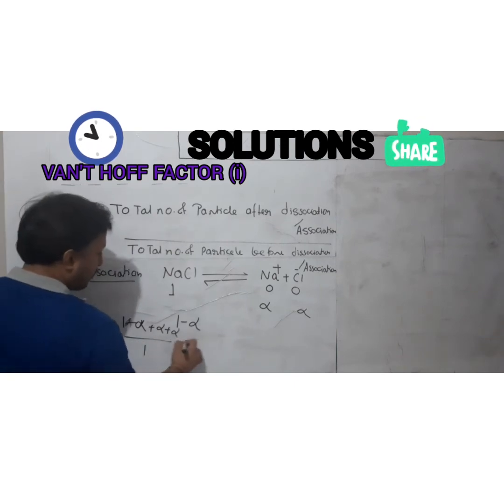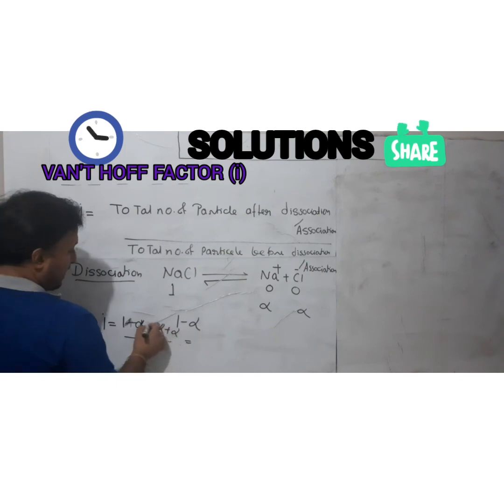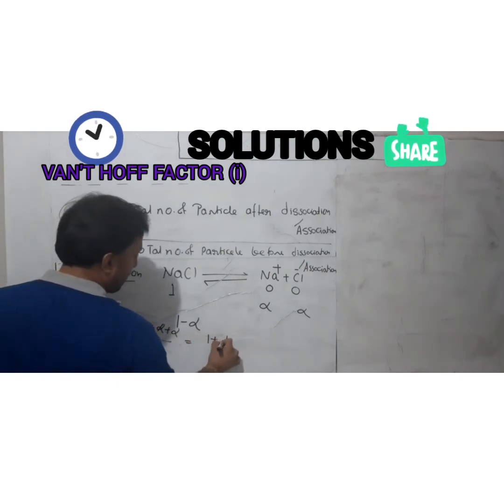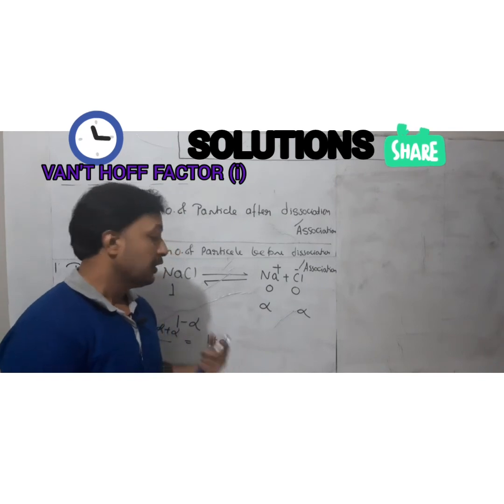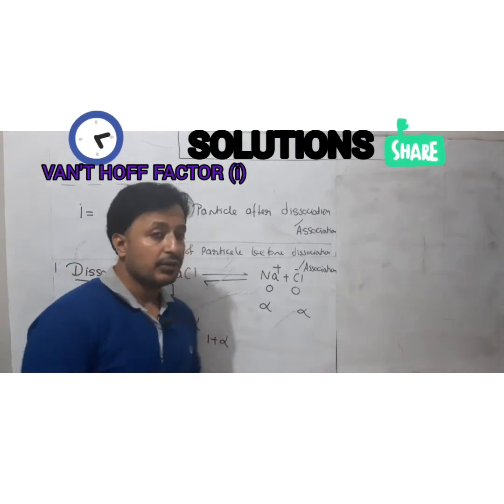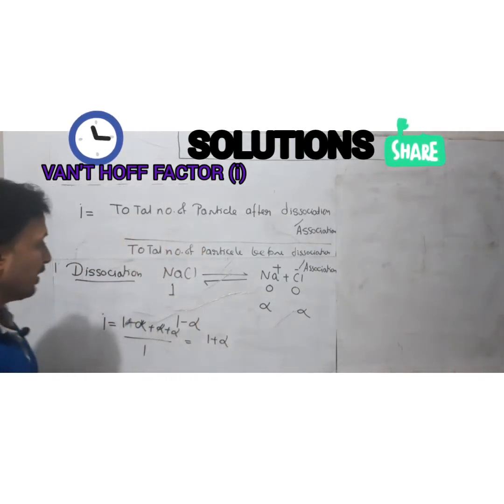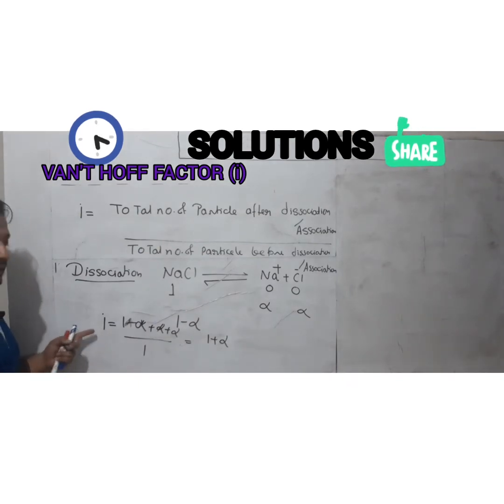So finally alpha will be cancelled, so it becomes 1 plus alpha. So like that you can calculate the value of Van't Hoff factor if you know the degree of dissociation, because alpha generally represents the degree of dissociation. So if you know that, you can calculate the value of Van't Hoff factor.